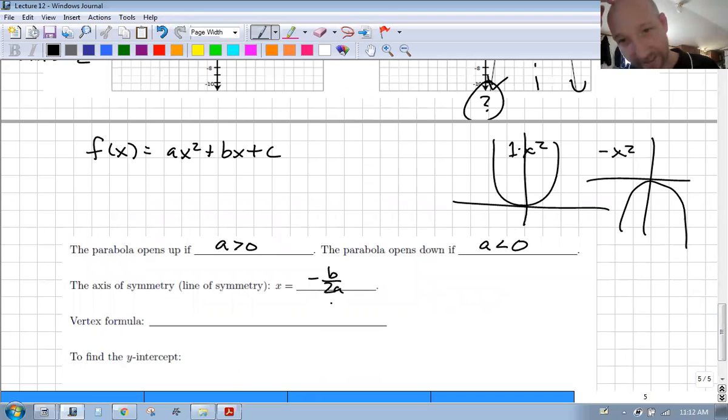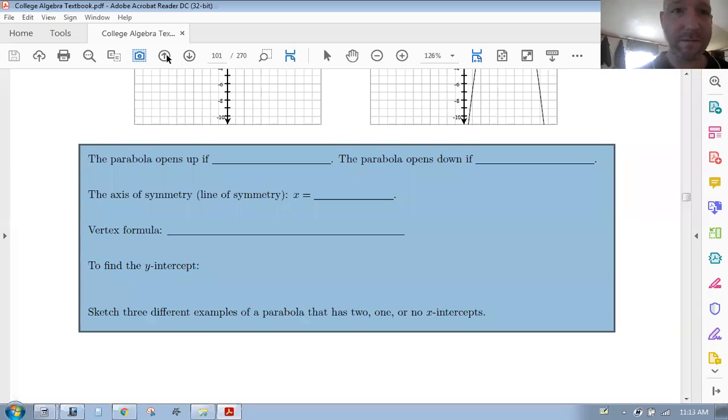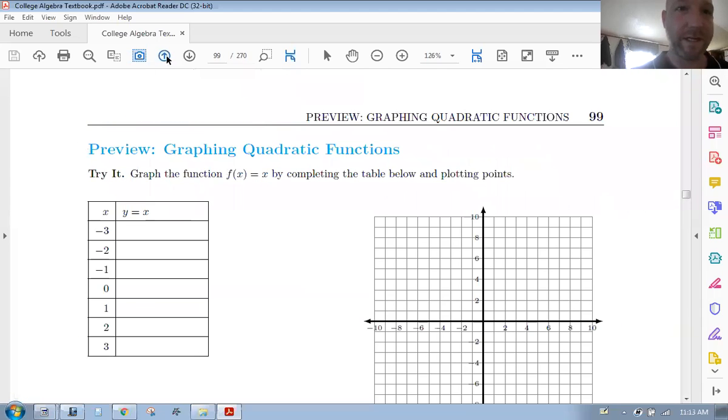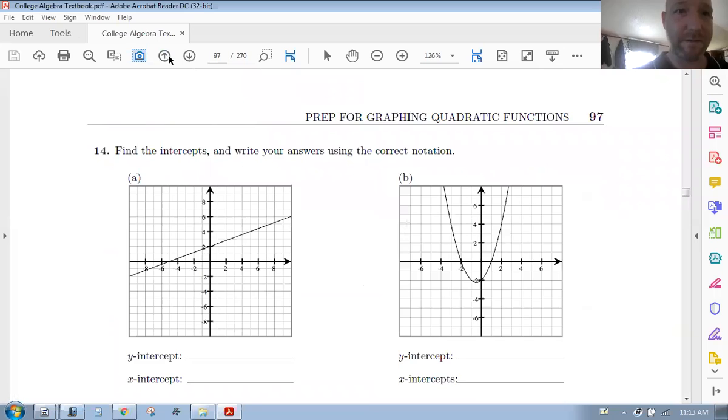Remember in the last class they said the vertex formula. Let me make sure I remember that right before I ingrain it into all y'all's heads.